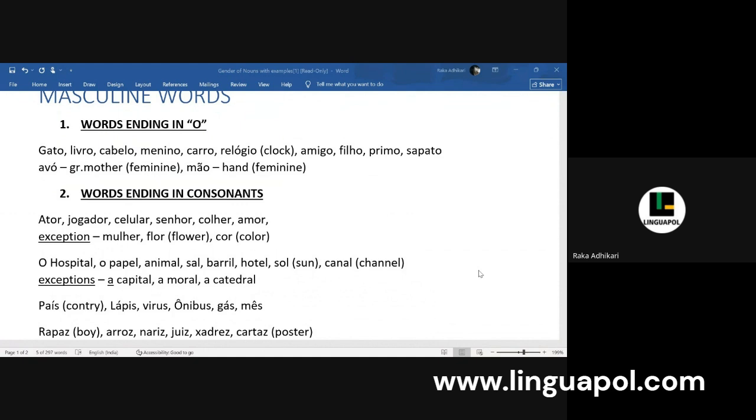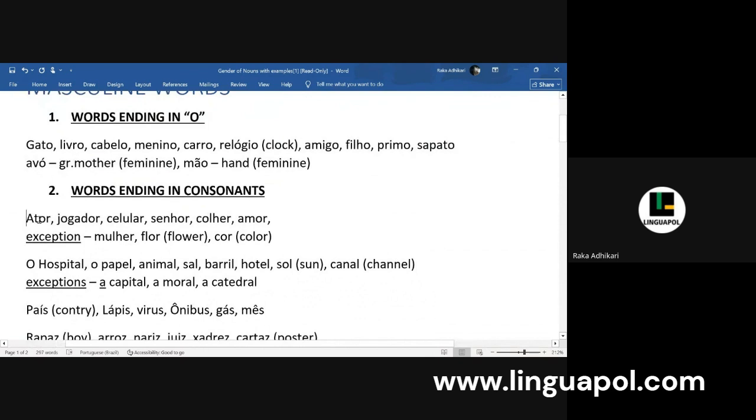First of all, let's take the letter R. All the words that end in R mostly talk about professions. Like ator, jogador. Ator means actor. I'll put the meanings as well. Ator is an actor. Jogador.